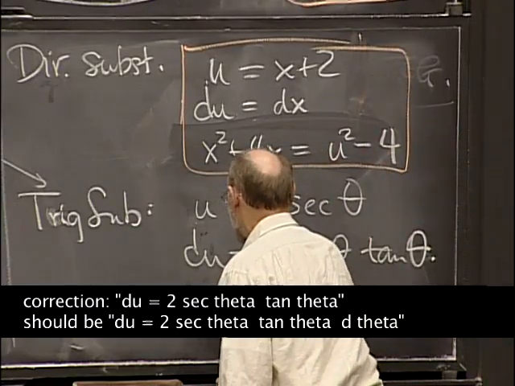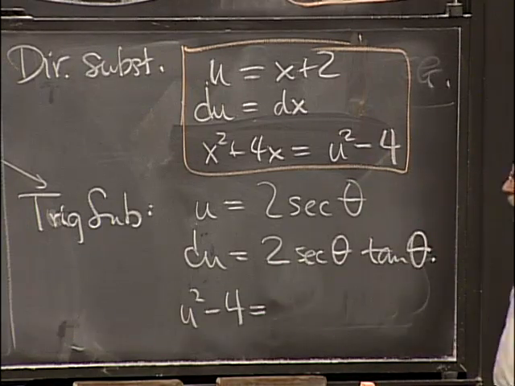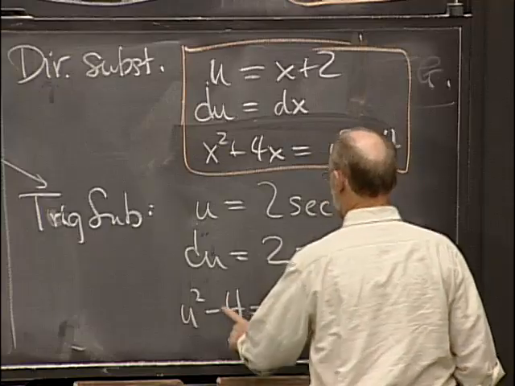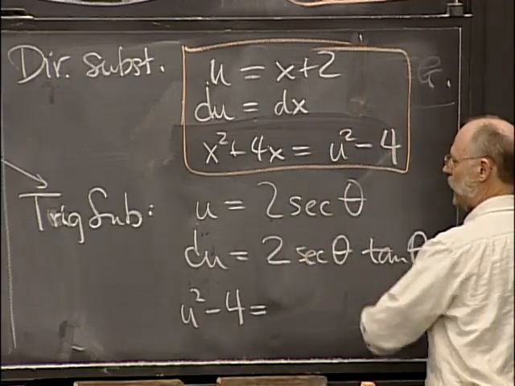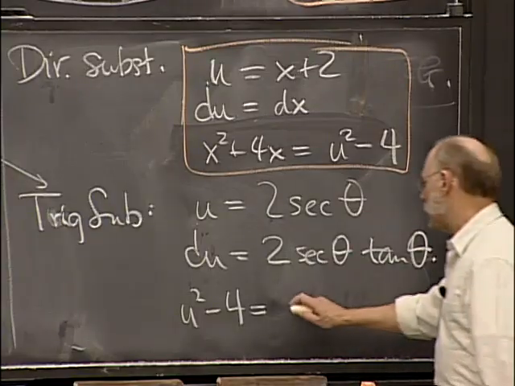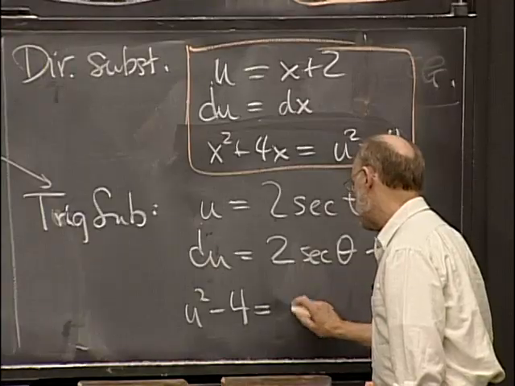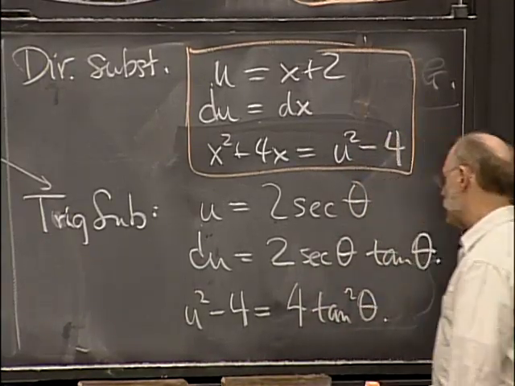And u squared minus 4 is, here's the payoff. I'm supposed to be able to rewrite that in terms of the tangent, according to this. U squared minus 4 is 4 secant squared minus 4, and secant squared minus 1 is tangent squared. So this is 4 times the tangent squared of theta.